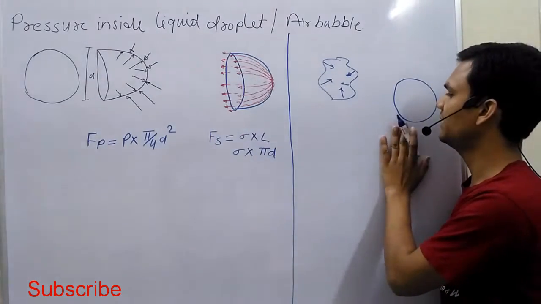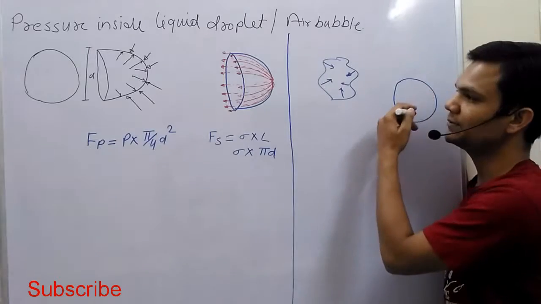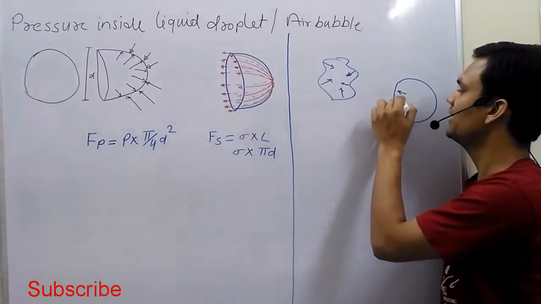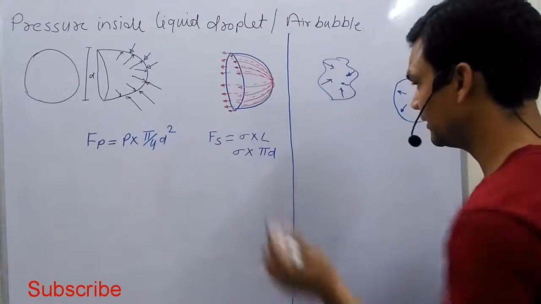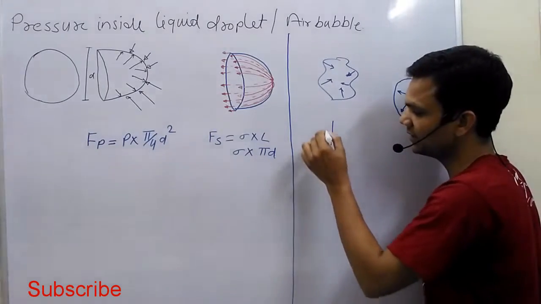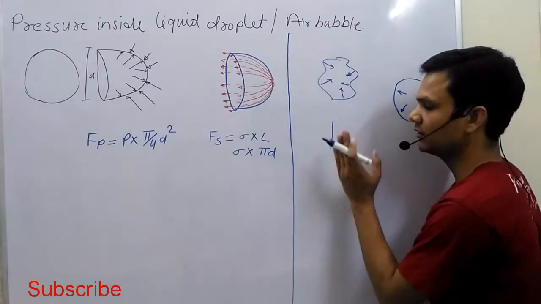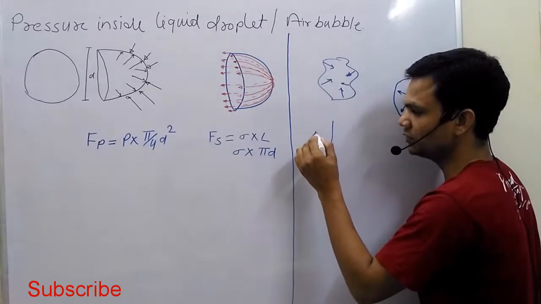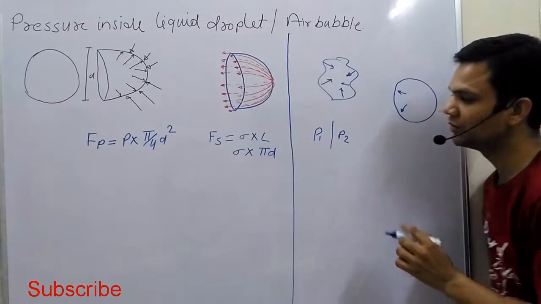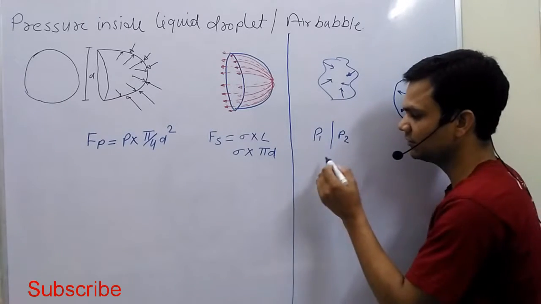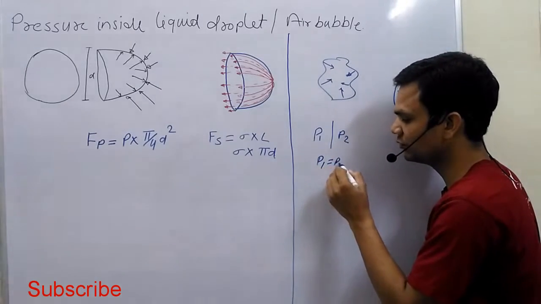Now we understand why the pressure inside a spherical shape is more. Suppose we consider a cross section area. Suppose this side pressure is P1 and this side pressure is P2. Because the line is straight, P1 is equal to P2.